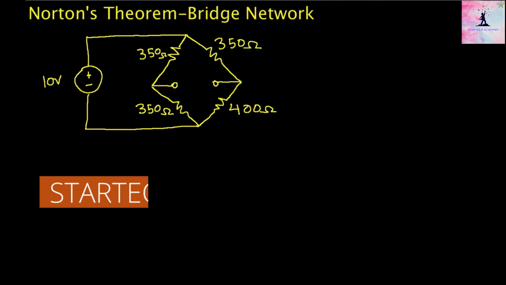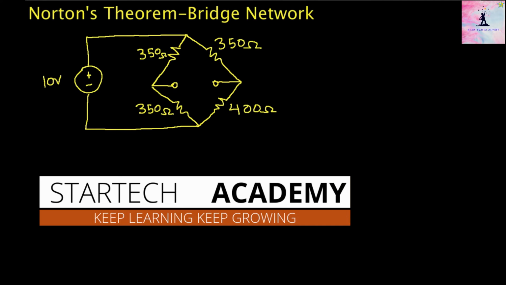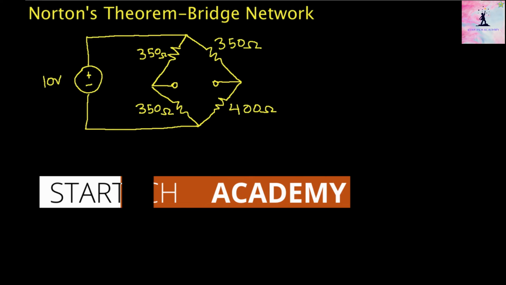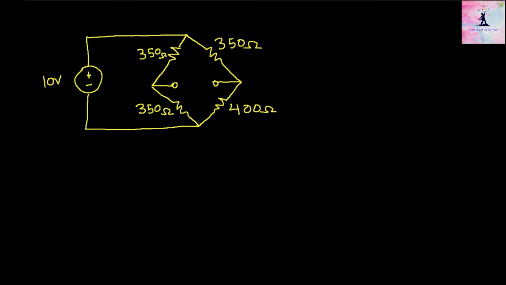Welcome to this video in which we will find the Norton equivalent circuit for a bridge network, in fact, for the bridge network shown in the picture. Hopefully, you'll recall from the introductory video on Norton equivalent circuits, we're looking for a circuit that looks like this: a current source in parallel with a resistor.